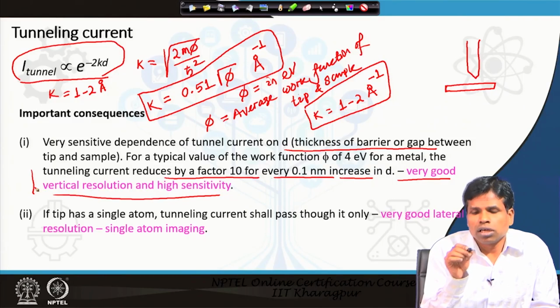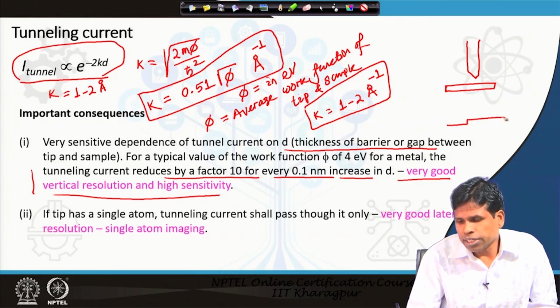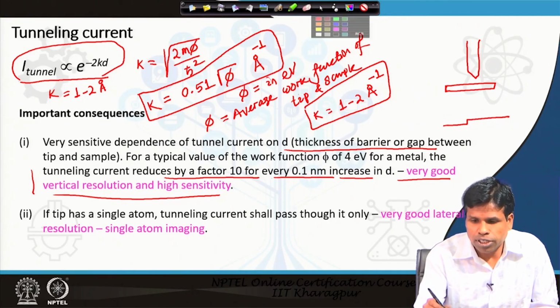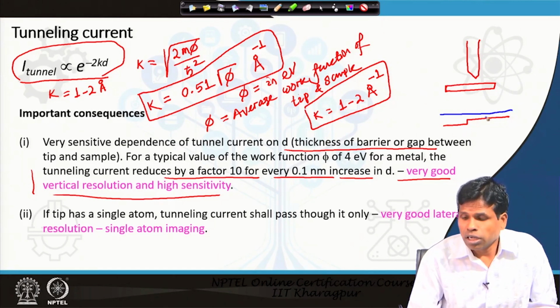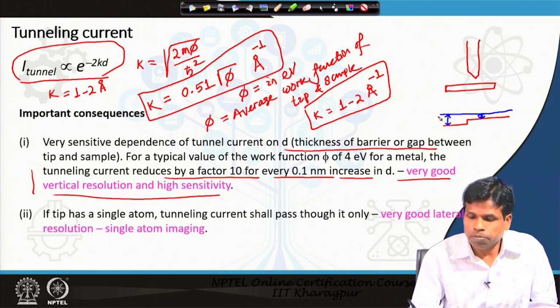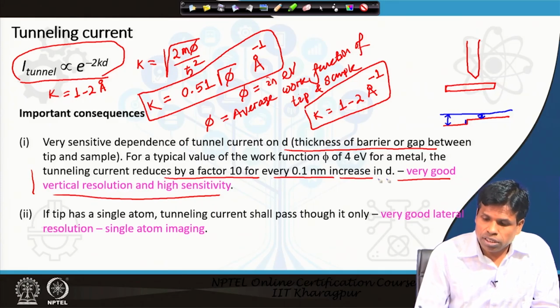Or when there is a step, and my tip goes from here to here, we can measure a much higher current here compared to there, a much larger change in the tunneling current as the gap changes at the level of 1 to 2 angstroms. That is how very accurately we can measure the step height in the scanning tunneling microscope. That is the very high vertical resolution.